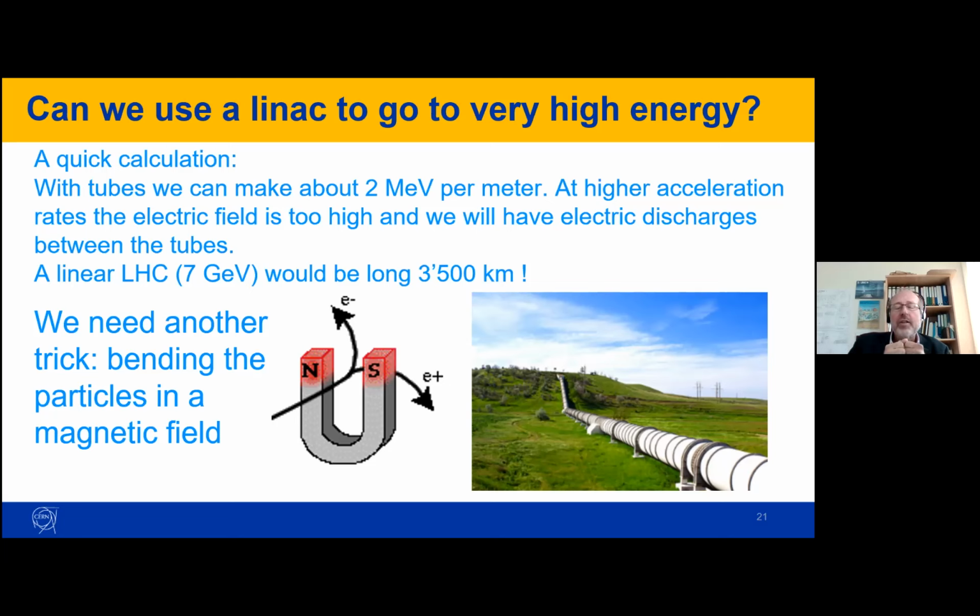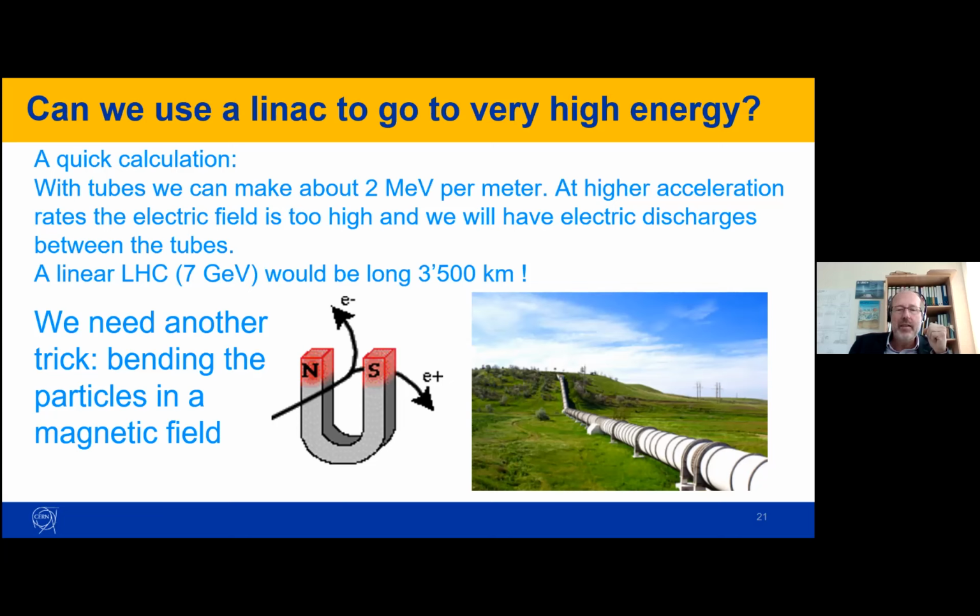The Large Hadron Collider at CERN brings protons to an energy of 7 TeV. So if we want to build a linear Large Hadron Collider, it will be 3,500 kilometers long. Which is, I mean, a bit long and might become expensive to build a LINAC of more than 3,000 kilometers length. The trick to pay less and to go to higher energy is the bending.